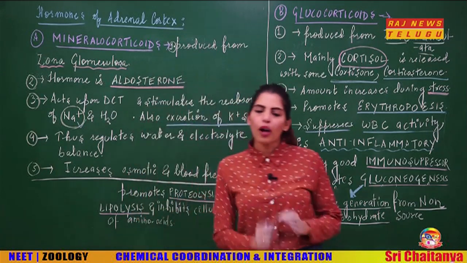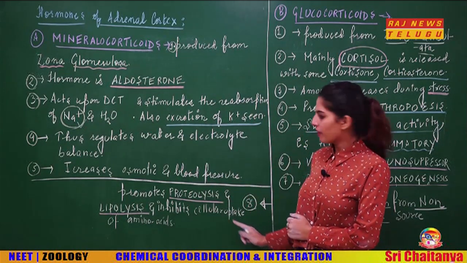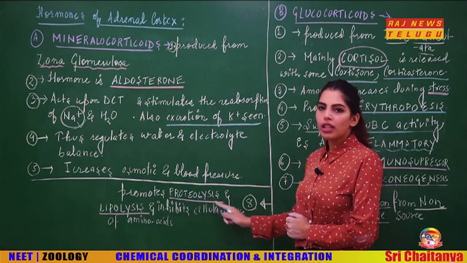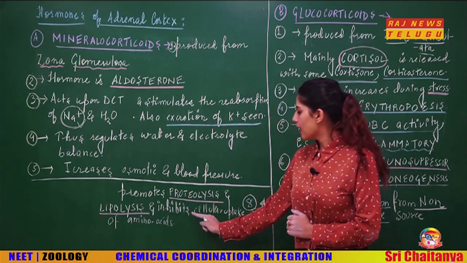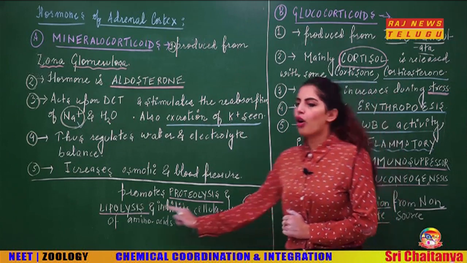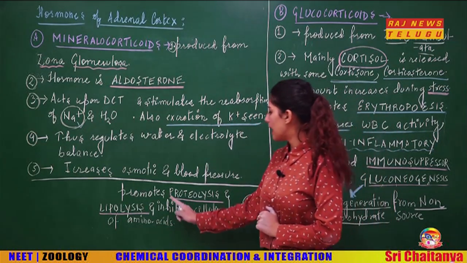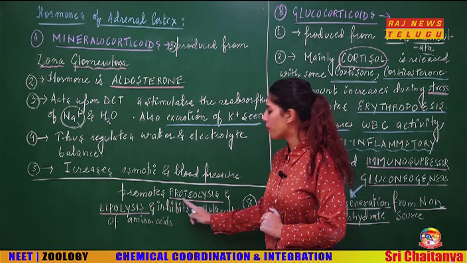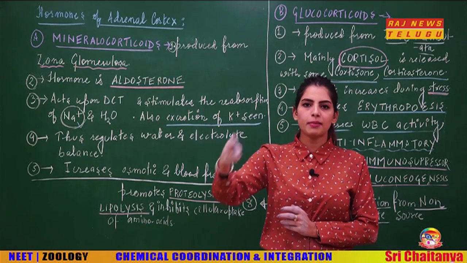Now, this is the definition that I have written over it. Also, there was one more point that I wanted to include, the number 8 point, which I've written over here. It promotes proteolysis and lipolysis, and it inhibits the cellular uptake of amino acids. Again, split the term. Lysis means to break down, to cleave.